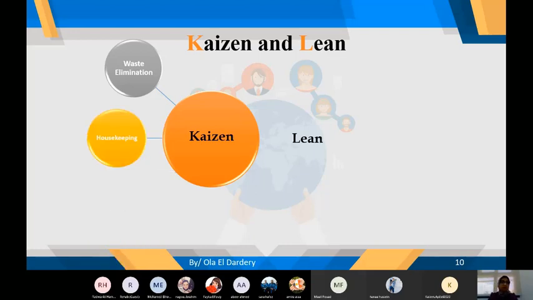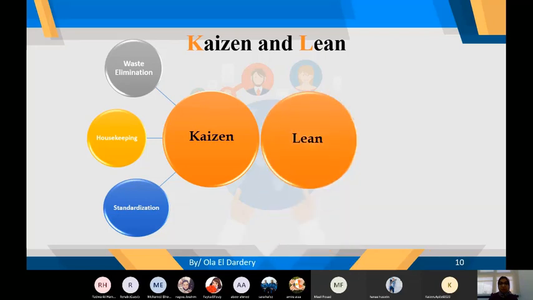As well, housekeeping, keeping the place clean and organized, and standardization, which is the final pillar. Of course, Kaizen has lots of tools. We're going to see that later on, but those are the main three pillars based on which Kaizen is initiated as an event.